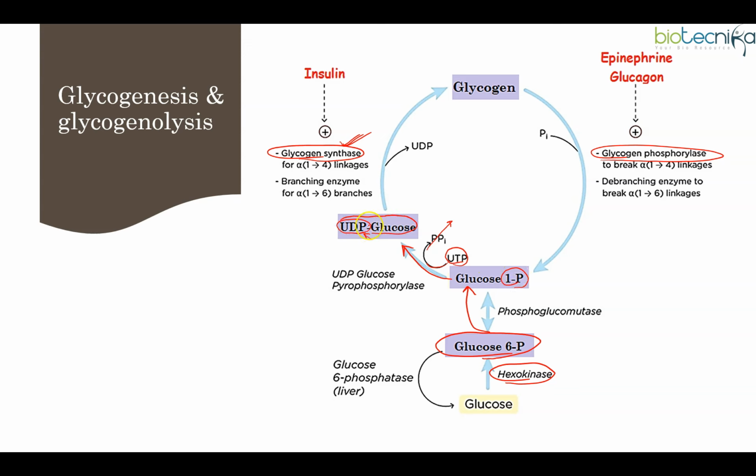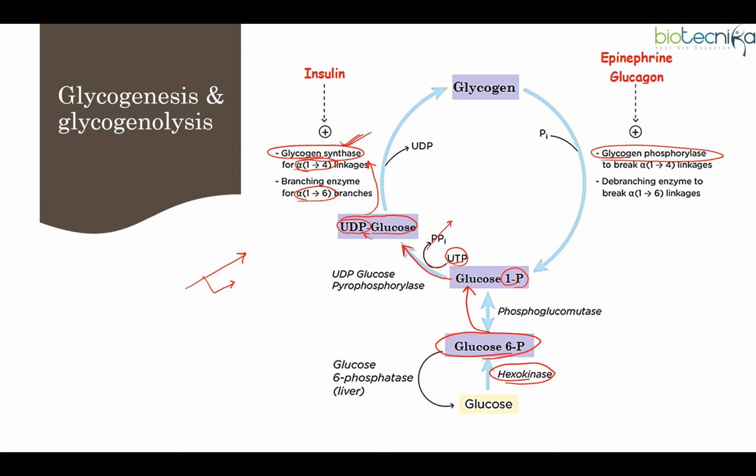So this UDP glucose is necessary for it to get attached to the existing chain of glycogen. Glycogen is already a carbohydrate polymer, a glucose polymer. So new glucose molecules will be added to the existing chain. If it is supposed to be added in the same chain, then the linkage will be alpha 1,4. If it is supposed to be branched, then the linkage will be alpha 1,6.